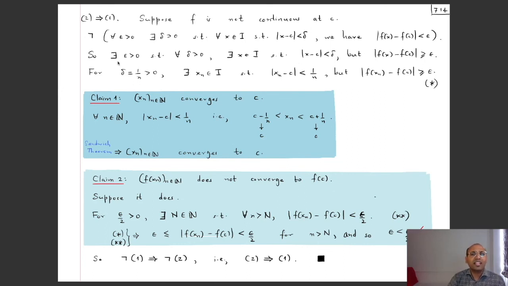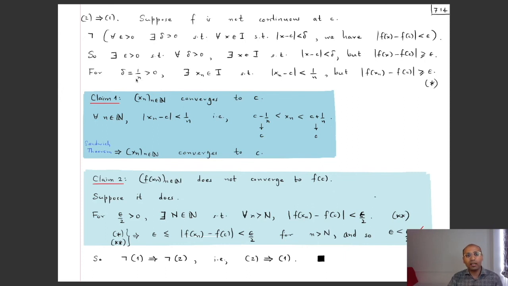So what is this telling me? There exists a special epsilon positive such that no matter which delta positive I take, there exists an x such that something happens. Now, for every delta positive, I'm guaranteed an x which satisfies this thing. So for example, if I take delta equal to 1 by n, where n is some natural number, so that's a positive number, I am guaranteed a corresponding x in I, which I label as xn.